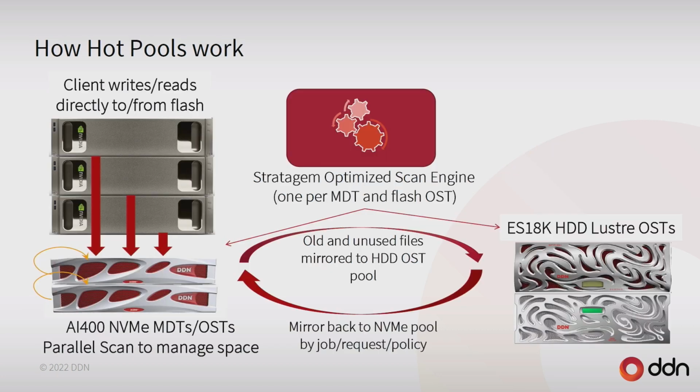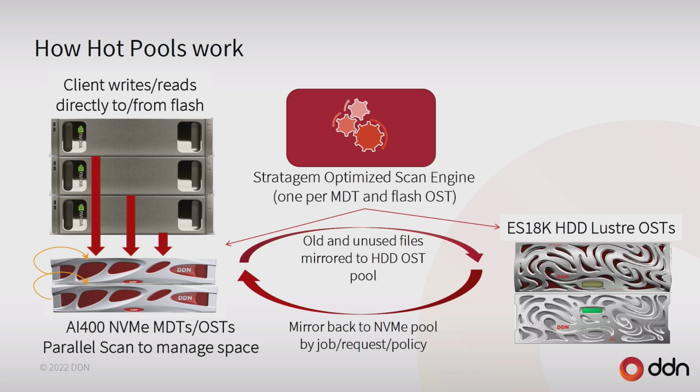So there is this diagram to give a rough idea of how hot pulse works. Basically, your application initially lands on your flash tier, and then data is mirrored, moved to disk tiers.